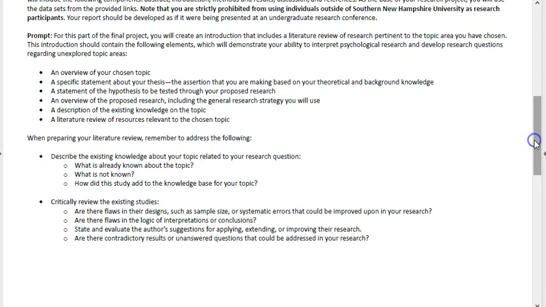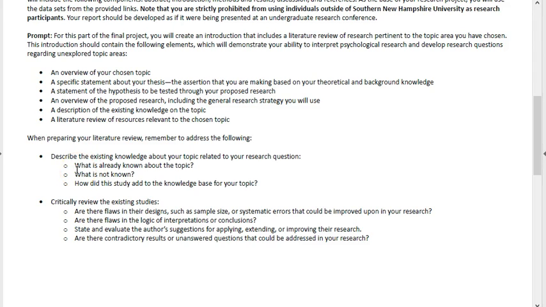Now, right down here, you will see some questions that will prompt your thinking, and you should respond to each of these questions with sufficient details in your literature review and introduction section as a whole. So here, describe the existing knowledge. What is already known about the topic?